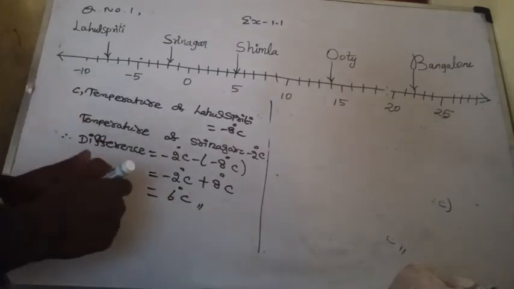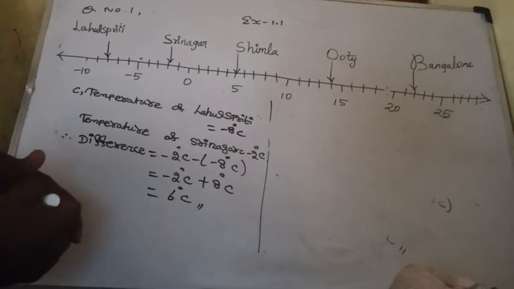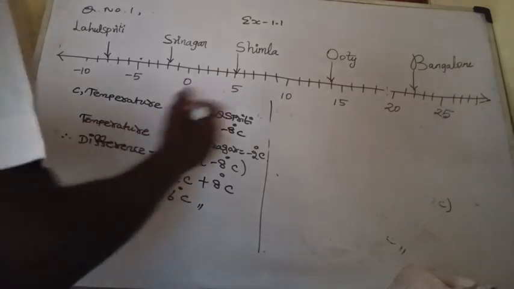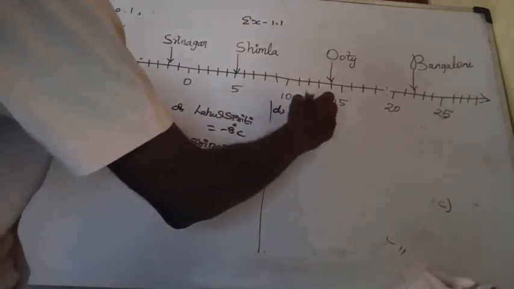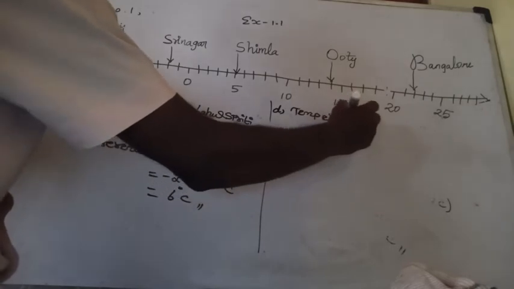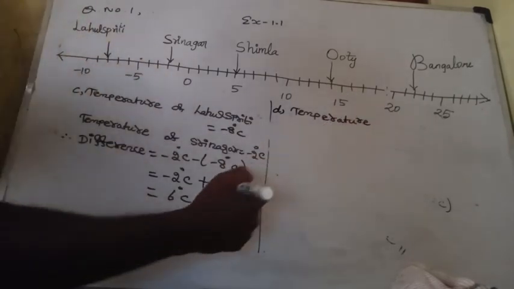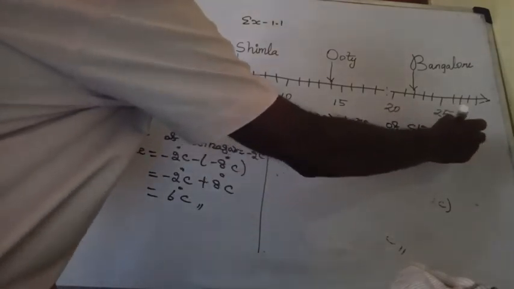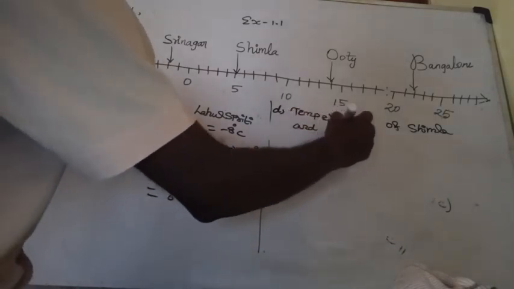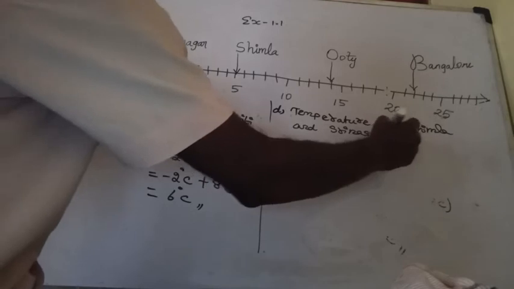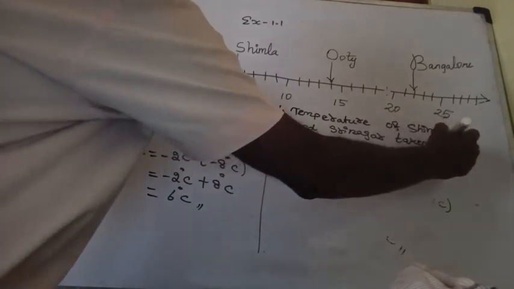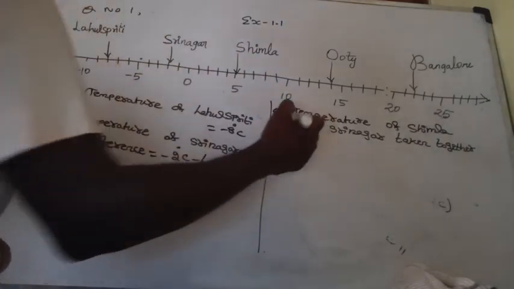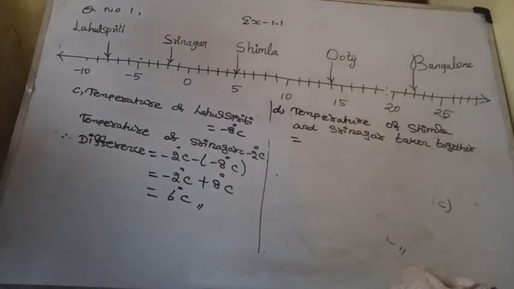What is the question for you? The temperature of Simla and Srinagar taken together. Am I right? Temperature of Simla and Srinagar taken together is equal to, what is the temperature of Simla? 5 degrees Celsius.